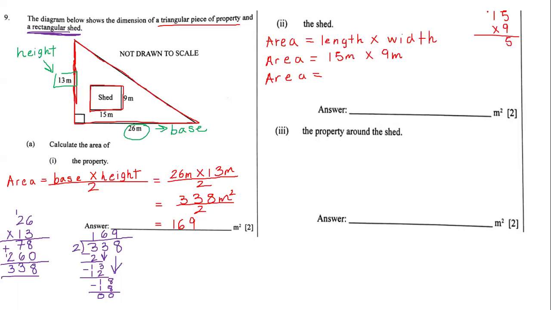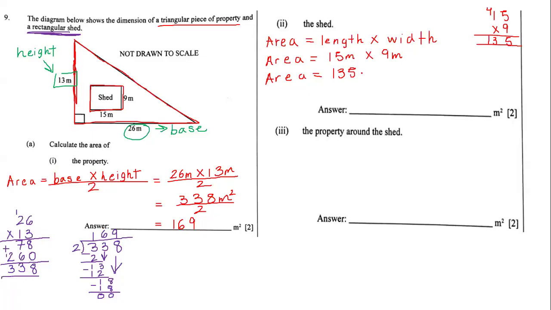Put the 5 down, put the 4 up. 9 times 1 is 9. 9 plus 4 gives you 13. So it's going to be 135.